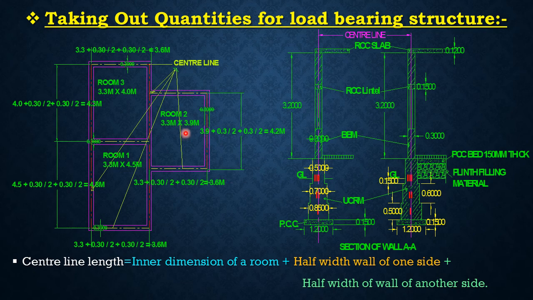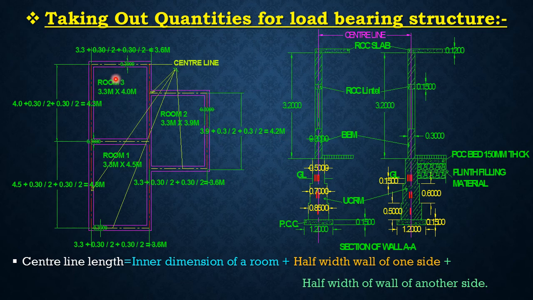Then 3.9 plus half width of this side 0.30 divided by 2, then half width of this side 0.30 divided by 2. Then the center line length from here to here is 4.2 meter.